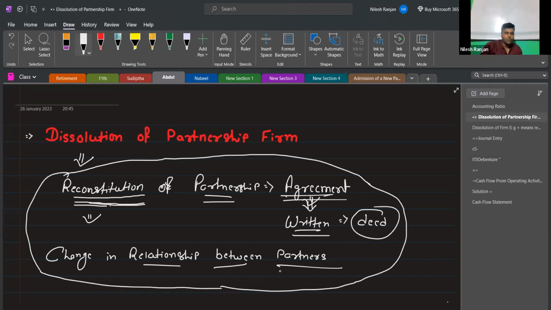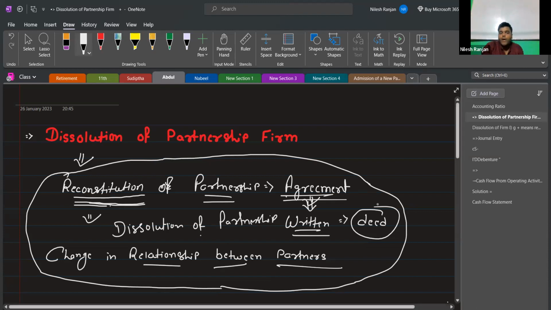You can also say the name dissolution of partnership. But it is different from dissolution of partnership firm, whenever the firm is closed.